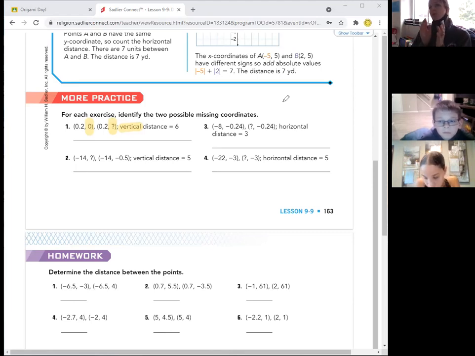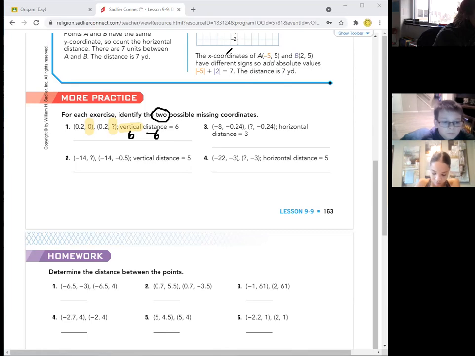Good. So that value with the question mark could be +6 or it could be -6, right? So on our line here, I want you to write both of the 2 possible missing coordinates. Could be 6 or it could be -6. Good? Let's do number 3 together.